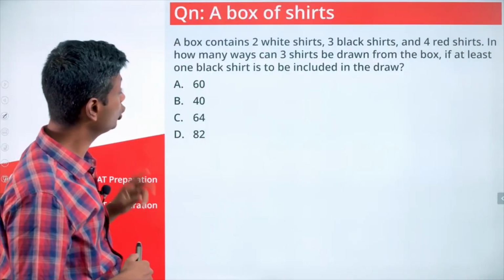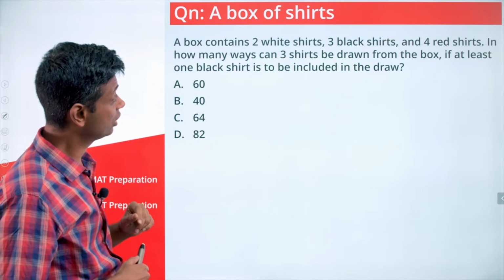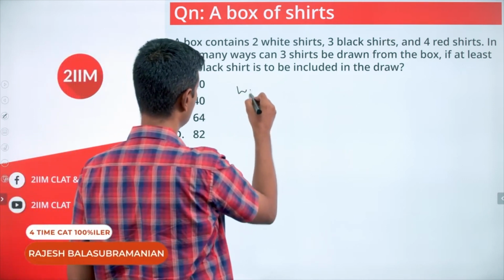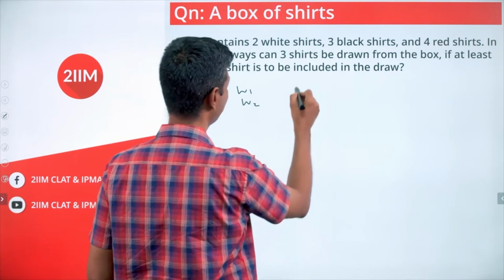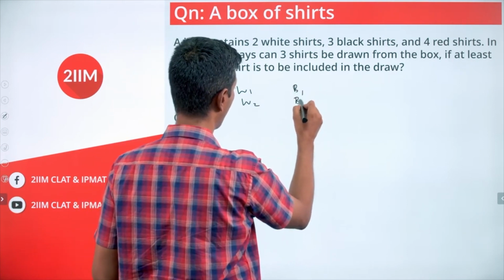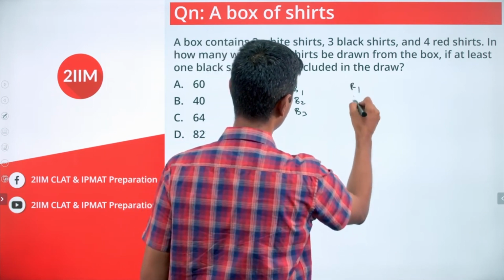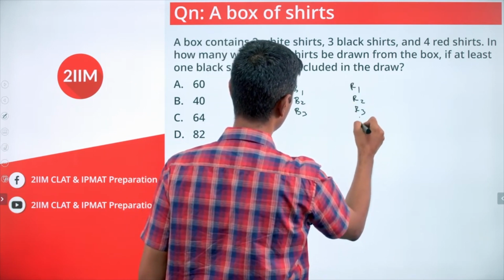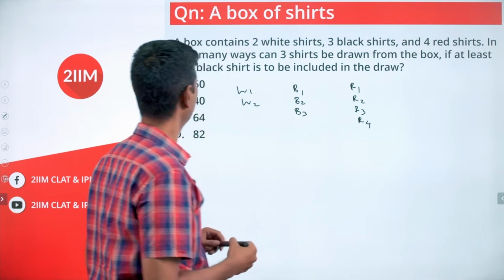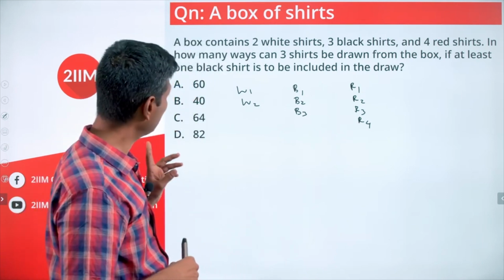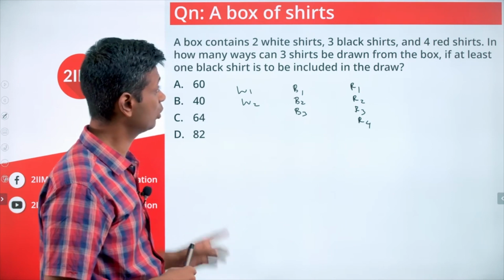A box containing 2 white shirts, W1, W2, 3 black shirts, B1, B2, B3, 4 red shirts, R1, R2, R3, R4. In how many ways can 3 shirts be drawn from the box if at least 1 black shirt is to be included in the draw?